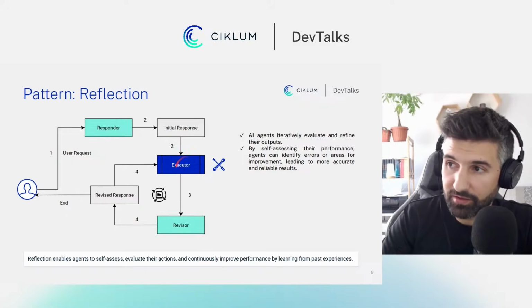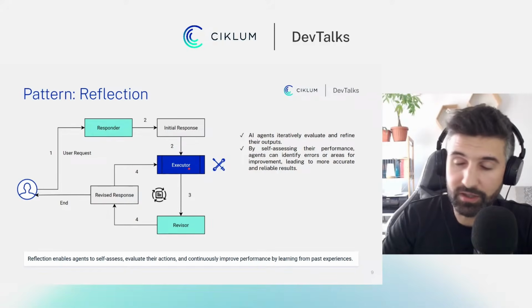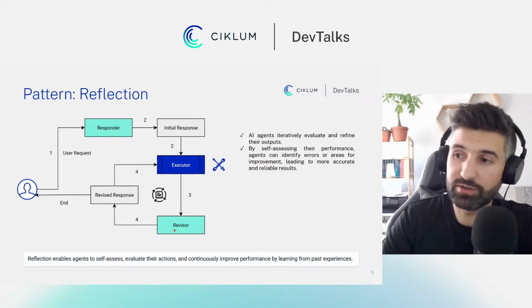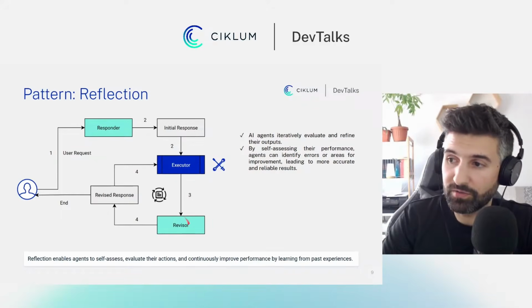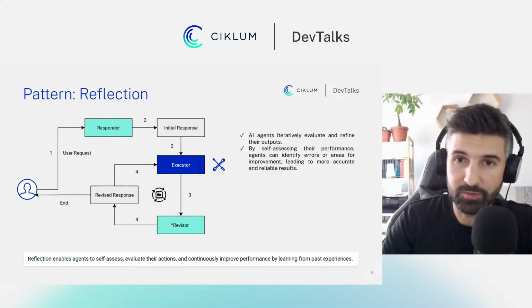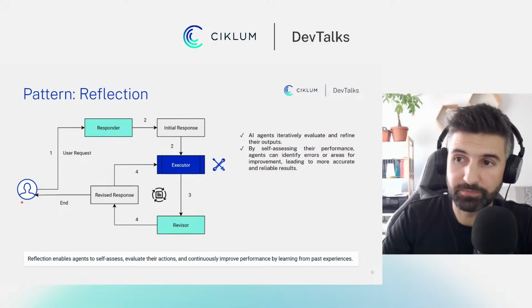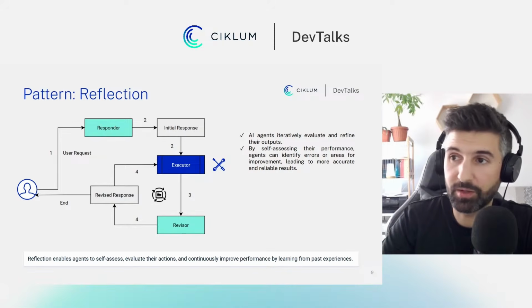But that action, or that response, should go to another responder, which this time we call the revisor, because the role of the revisor is not to provide a response, it's just to make sure that the initial response is aligned with this user request coming from the user interface.